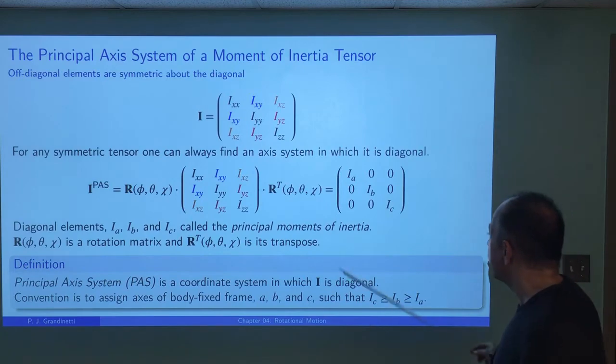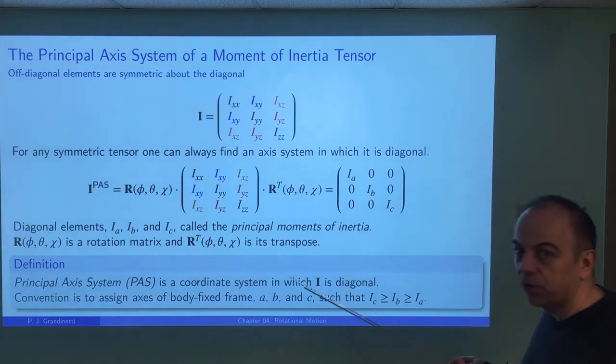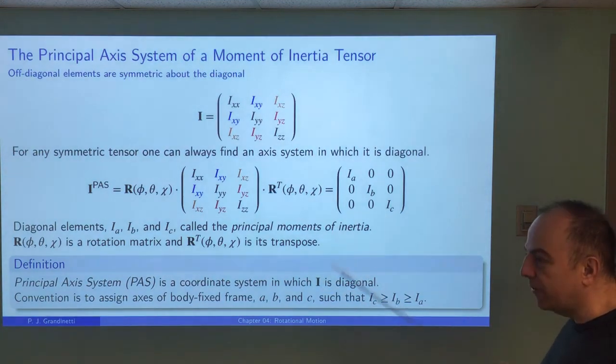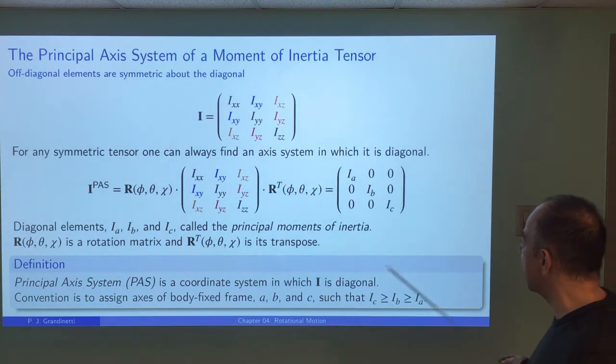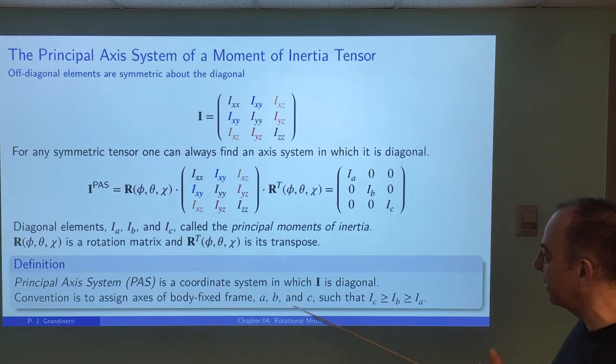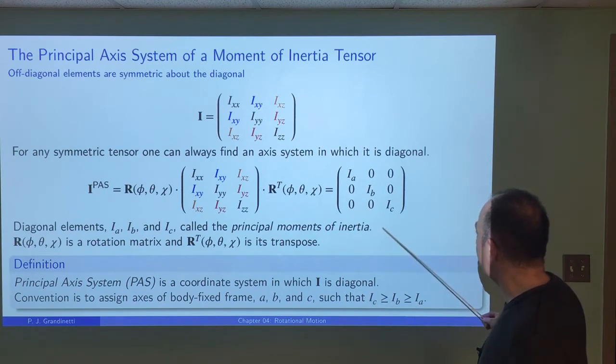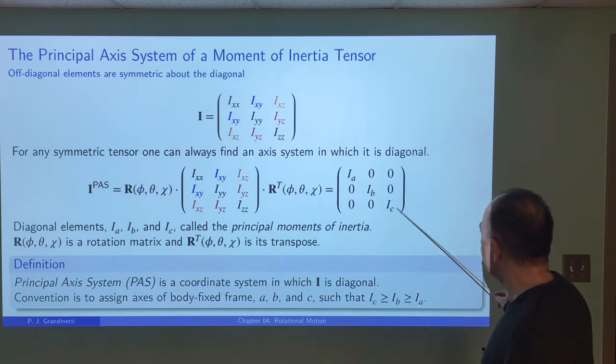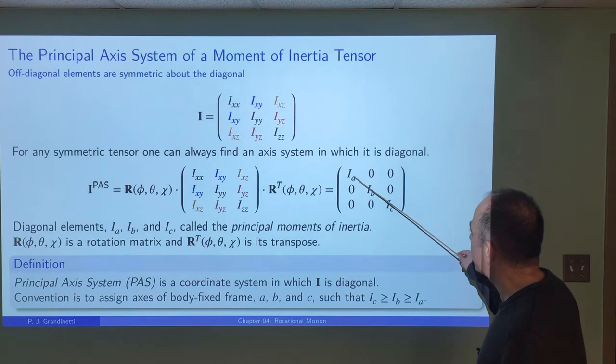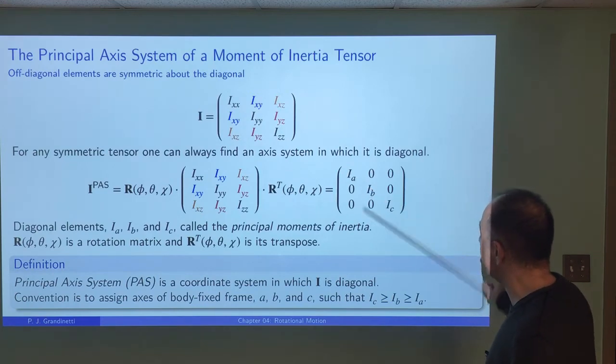Now, when you've come up with a coordinate system where it's diagonal, it doesn't mean that you've defined the 3 directions uniquely. So what we're going to do, if we want to make it unique, is define that the largest component is going to be here, the smallest component will be here, and the intermediate component will be there.